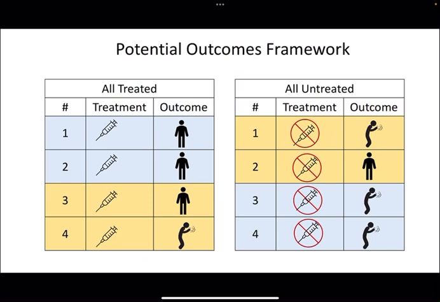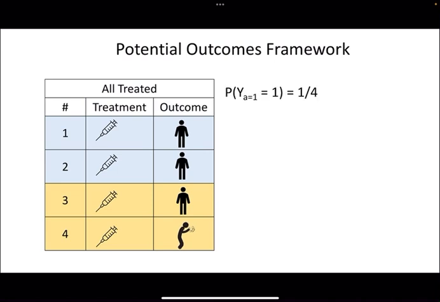And now we have this overall population where everyone is represented twice. They're represented once for their real treatment state and another time for their counterfactual state. So looking at just those who were treated, the probability of the outcome if everyone had been treated is 1/4, because you can see that individual 4 got the outcome, but no one else did.